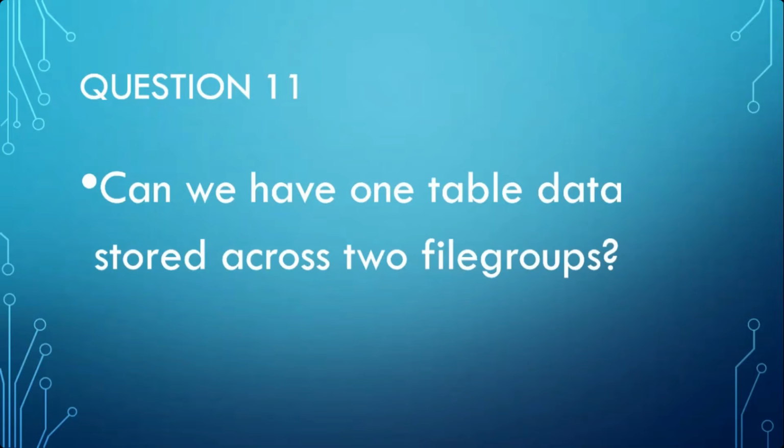Then the data of the table is partitioned and every partition data can be stored in a different file group. So there we can have, but otherwise if there is no horizontal partitioning of the table, one table can only be mapped to one file group. This is the answer.